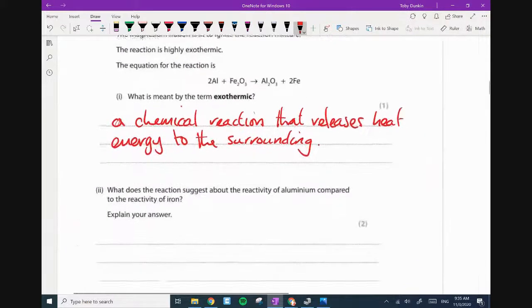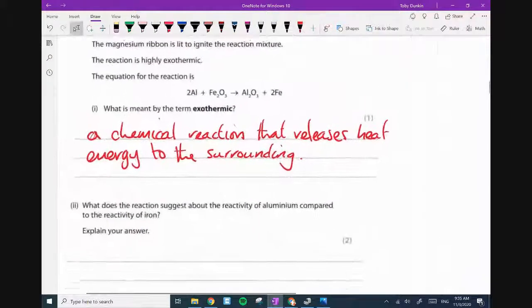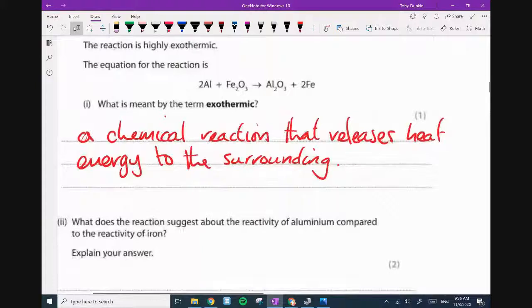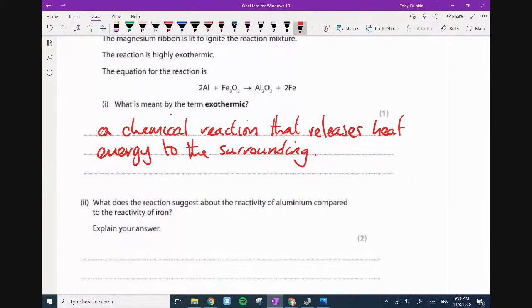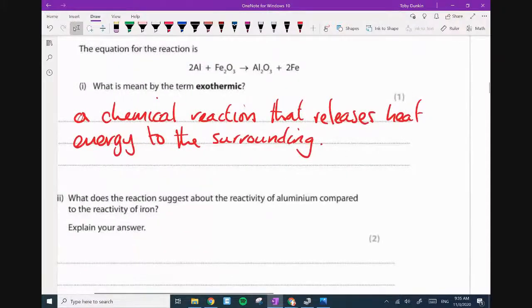The common mistake here is that students just go, releases energy. That's all they say. It's not enough. Looks like I've put releases energy, heat energy to the surroundings. If you've put a really basic answer, please just make the amendment and don't give yourself that one.